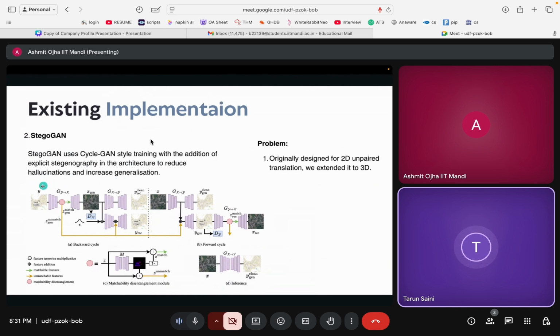When we input our image, then in the feature space it takes the input embedding and generates a mask based on which features are matchable and unmatchable in the target domain. So by using this we think we can suppress the hallucinations, but the problem for this model is that it is designed for 2D architectures, so we need to extend it to 3D.